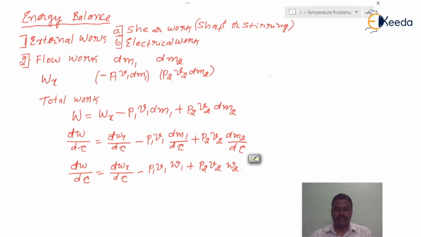Since there is no accumulation of energy, by the conservation of energy principle, the total rate of flow of energy streams entering the control volume must be equal to the total energy streams leaving the control volume.